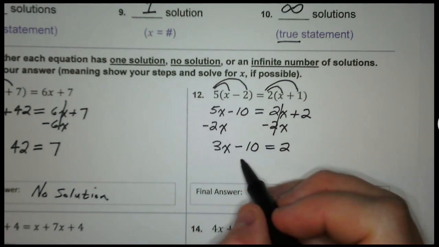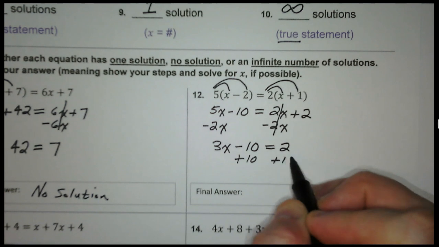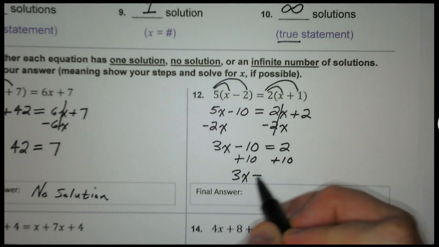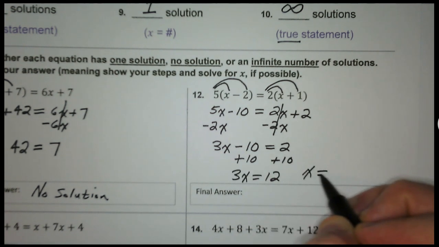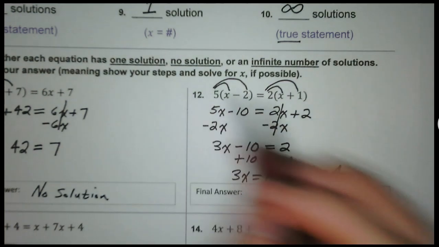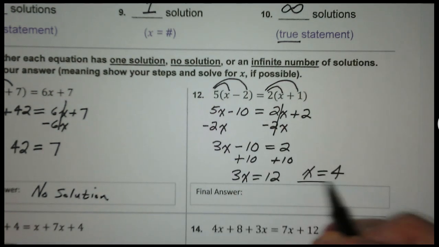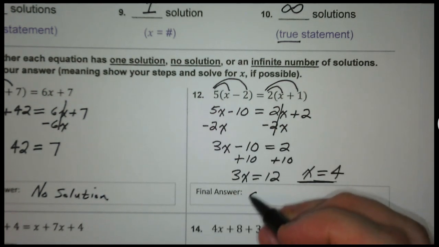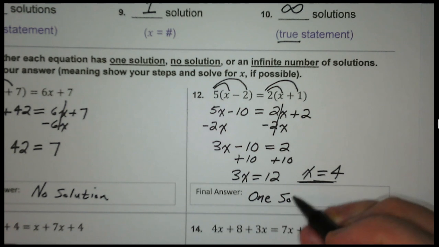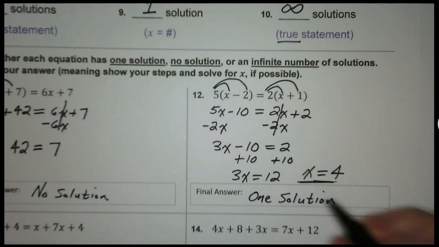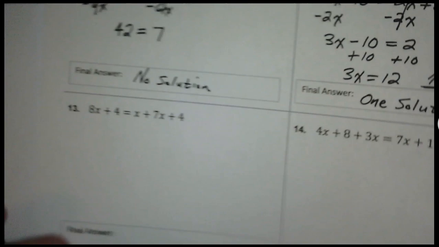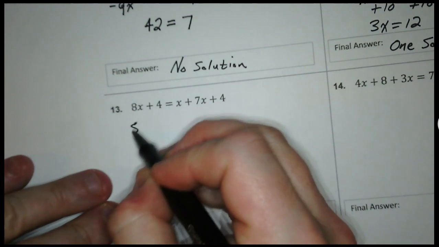And so we keep this rocking and we get 3x equals 12, and therefore x equals 4. But the bottom line for this problem is that this is the only answer that there was, and there was one solution here.